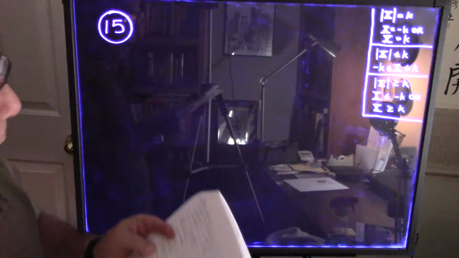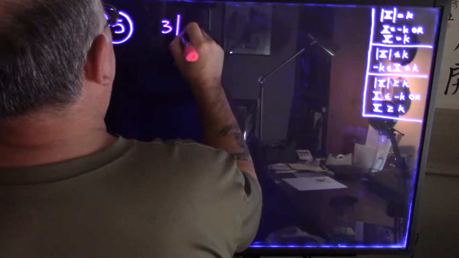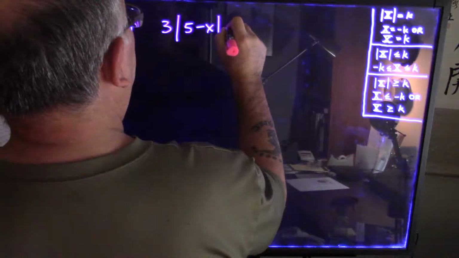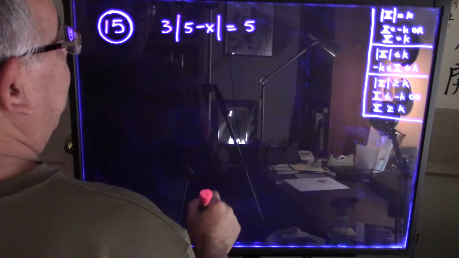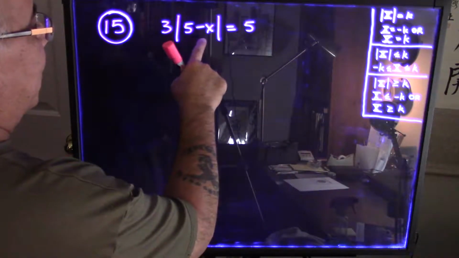Number 15. So we have 3 times the absolute value of 5 minus x is equal to 5. By the way, before I solve this, I want to note something here.